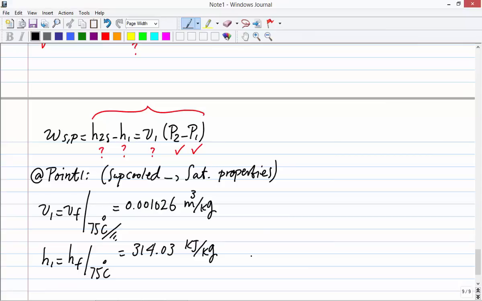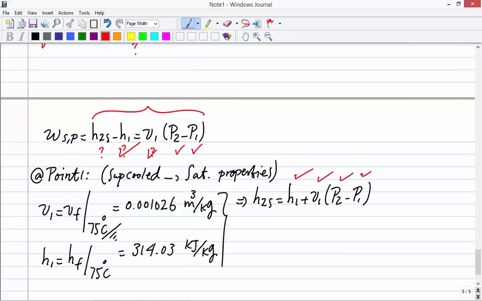So, what are we looking for? Now, see, we got that. Now we can solve for H2S. H2S equals H1 plus V1 times P2 minus P1. And now I have P1, I have P2, I got V1, I got H1. That's awesome.